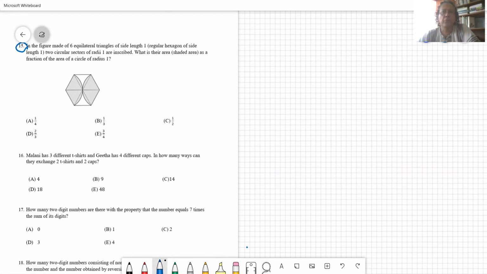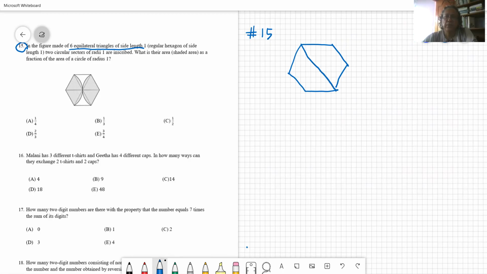So we have this figure made of 6 equilateral triangles of side length 1. And we know that it's actually the regular hexagon of side length 1. So let me draw the best regular hexagon I can using freehand.